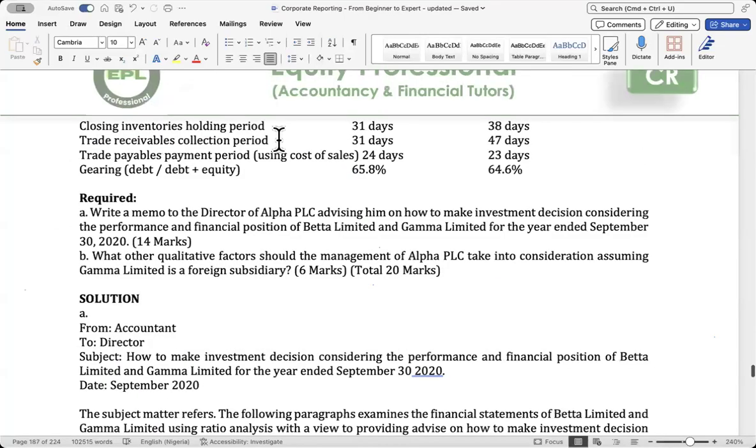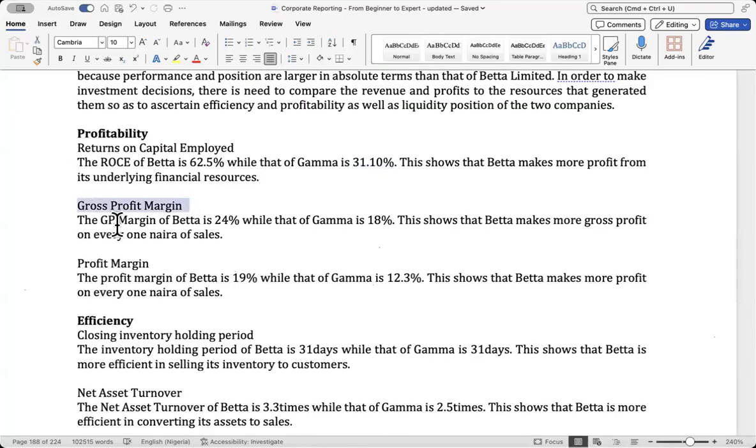Then I move to gross profit margin. I said the gross profit margin of Beta is 24%, while that of Gamma is 18%. This shows that Beta makes more gross profit on every 1 naira of sales.